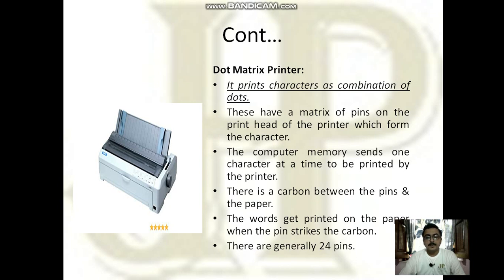There is a carbon between the pins and the paper. The words get printed on the paper when the pin strikes the carbon. Generally, it has 24 pins. You can easily see them in old offices like post offices and banks.